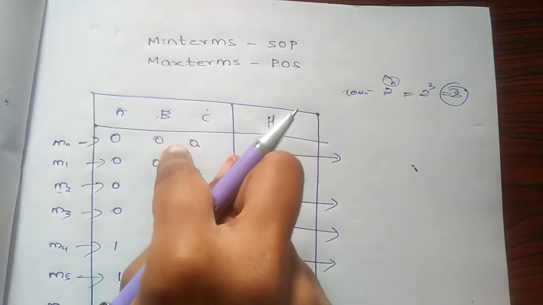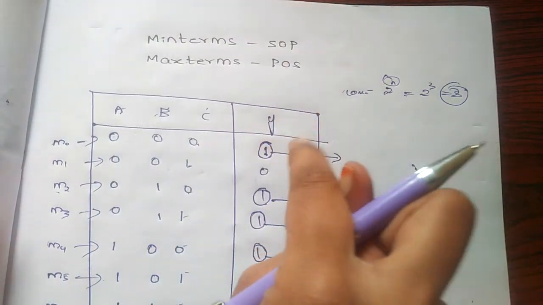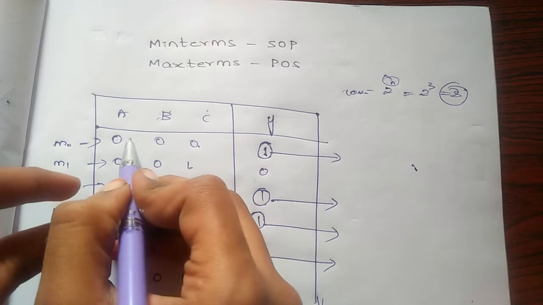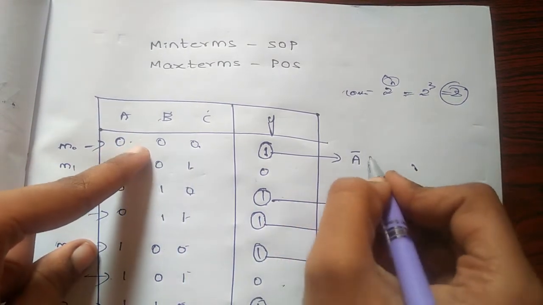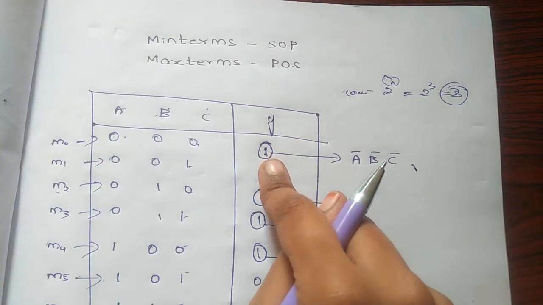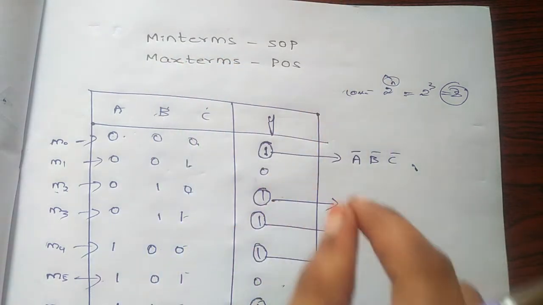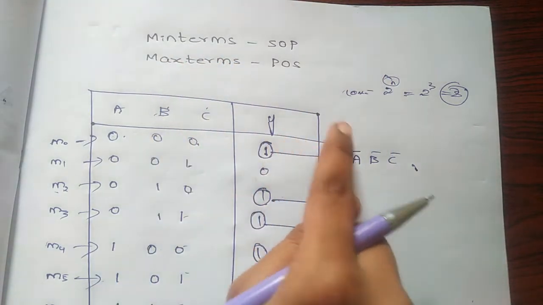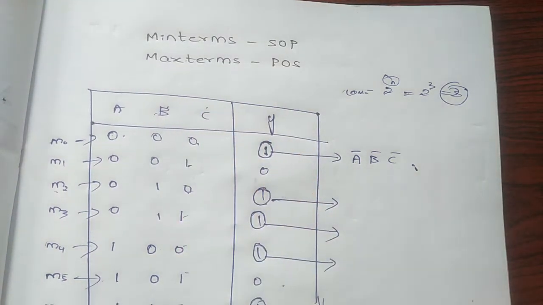So as it is 0, we represent the inputs as complements: A bar, B bar, C bar. See, simple. We take minterms at output 1, but we take the inputs in complement form where the input is 0. As it is a complement, we put the bar.